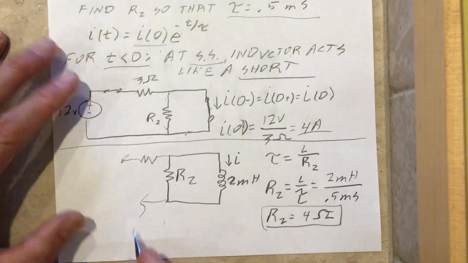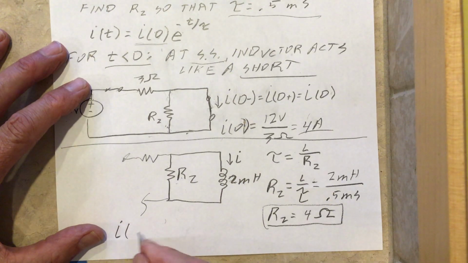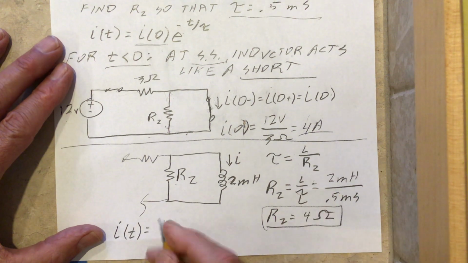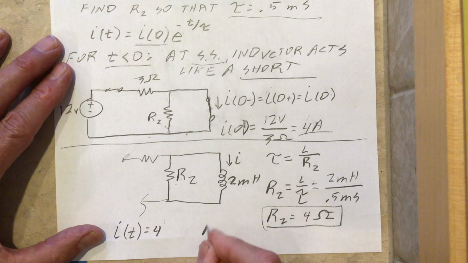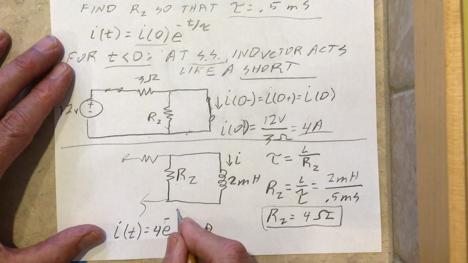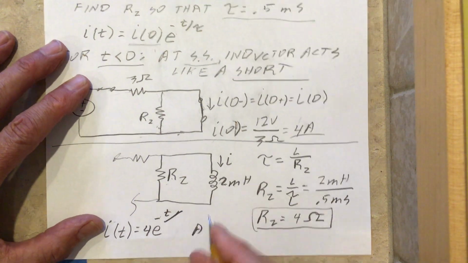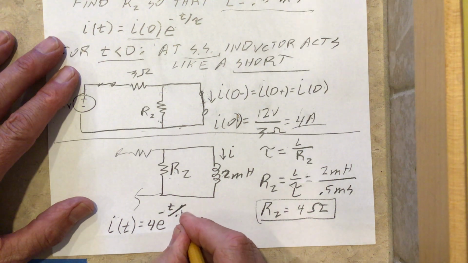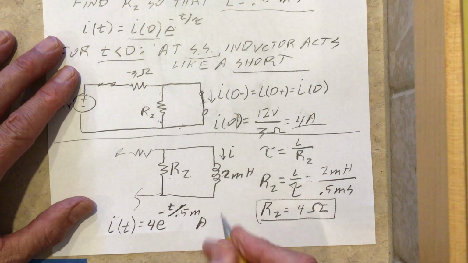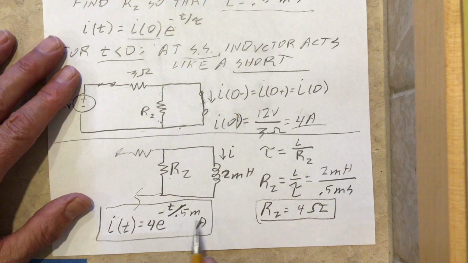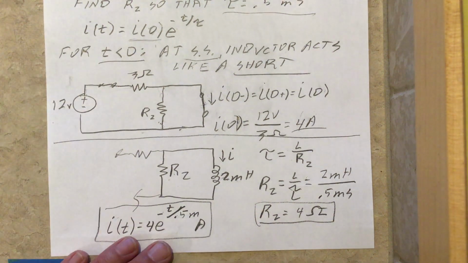All right, so good. Now we know our current through the inductor is going to be 4 amps e to the minus t over tau. And tau in this case is going to be 0.5 milliseconds. Now another way, they don't always want to write it like this.